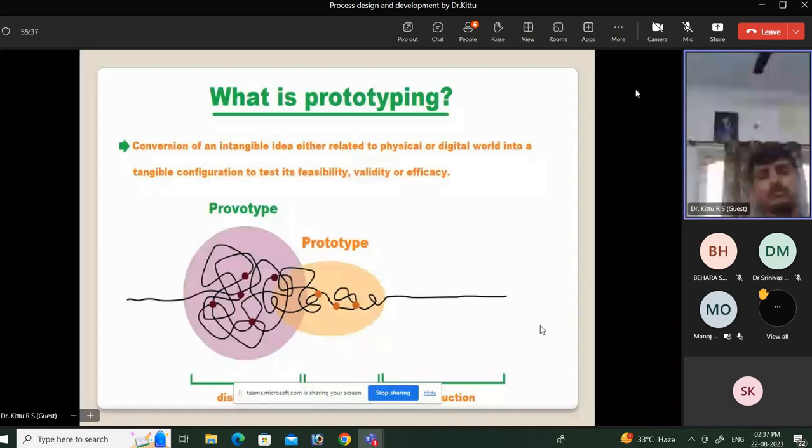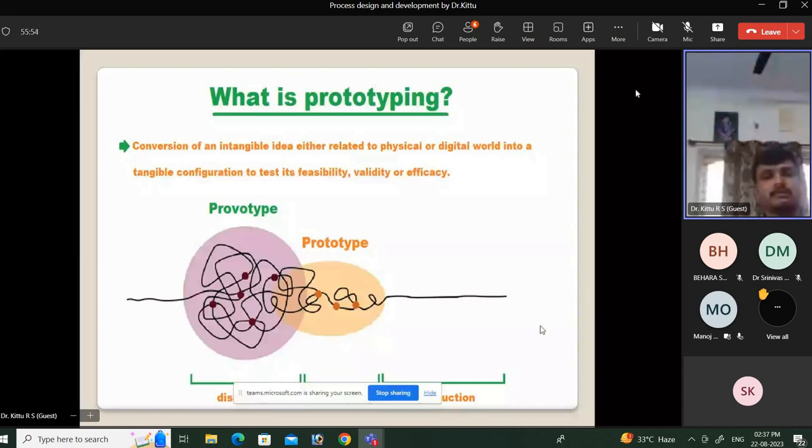So I can see to what level your idea is feasible, to what level it is validated, and the level of efficacy of your idea. We can call that prototyping.